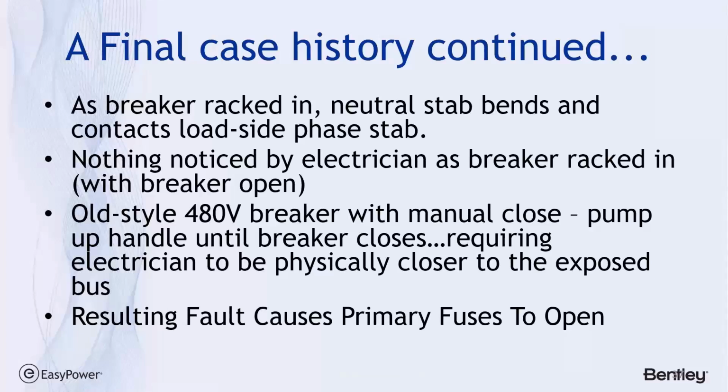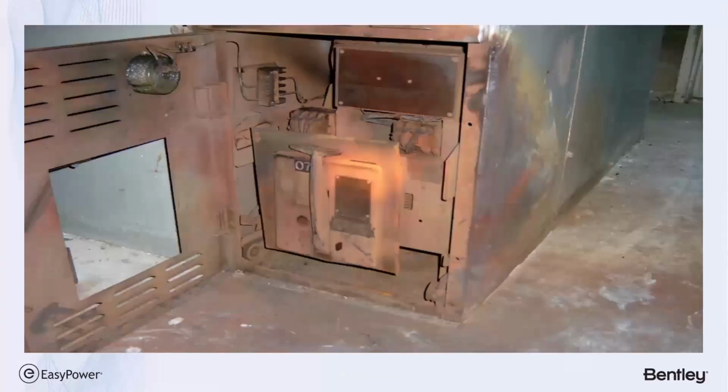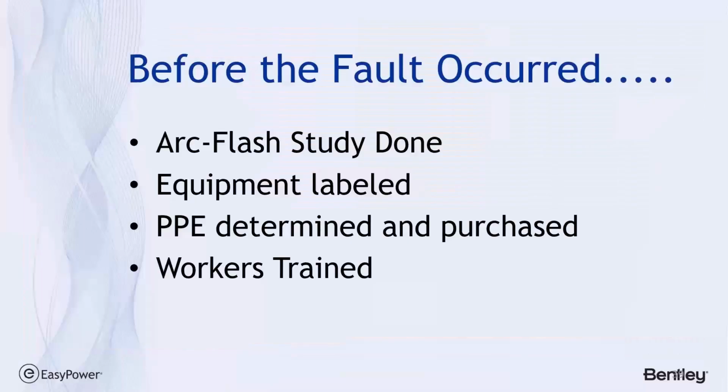As he did so, with the breaker open, nothing was wrong. But as soon as they tried to close the breaker, it resulted in a line-to-line fault, causing the primary fuses to open. This is the actual image of the breaker enclosure, and that copper patina is oxidized copper that was deposited all over the place.